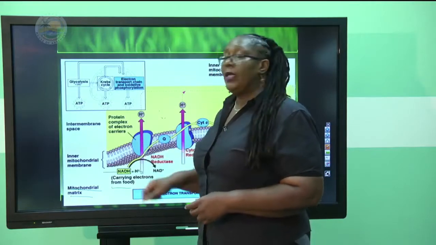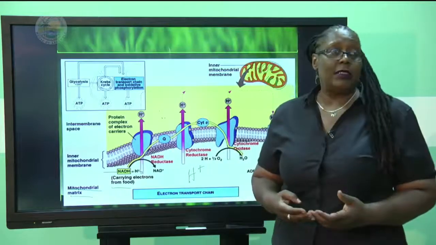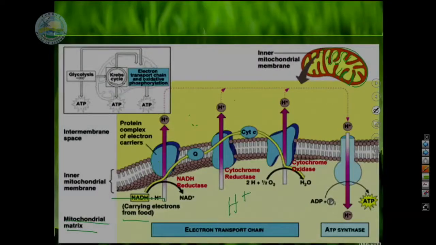This molecule will pick up the electrons and the hydrogen ions, and it will become reduced, and the molecule will become oxidized. The good thing is this now can go back to glycolysis.